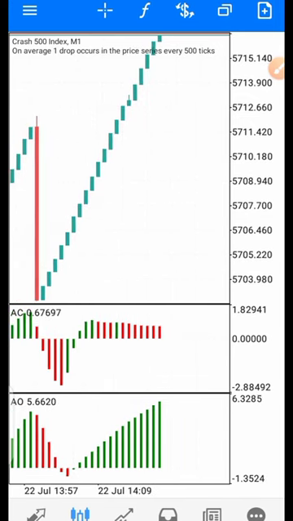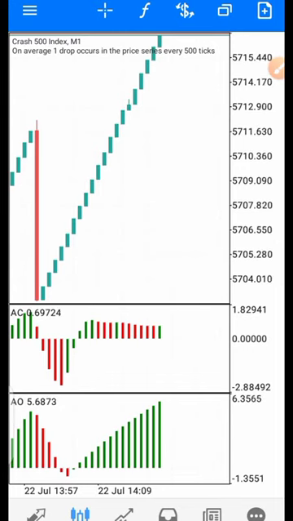This will also soon form. It will form soon. I guess at the close of this candle we have a signal here. Let's see. What did I say?